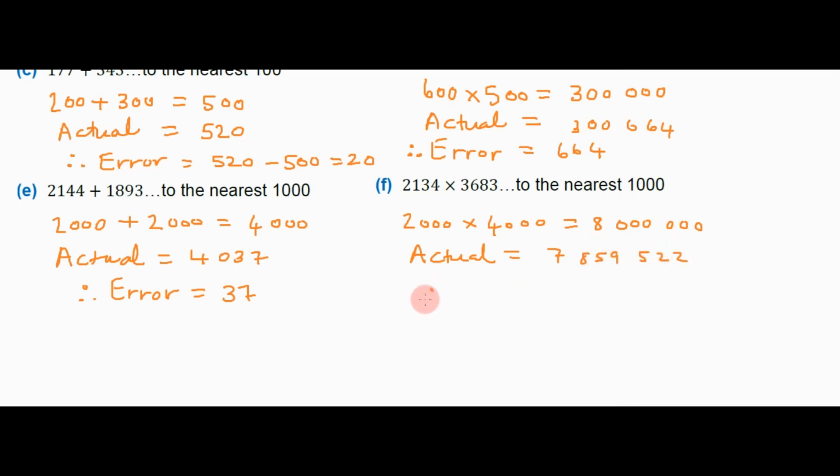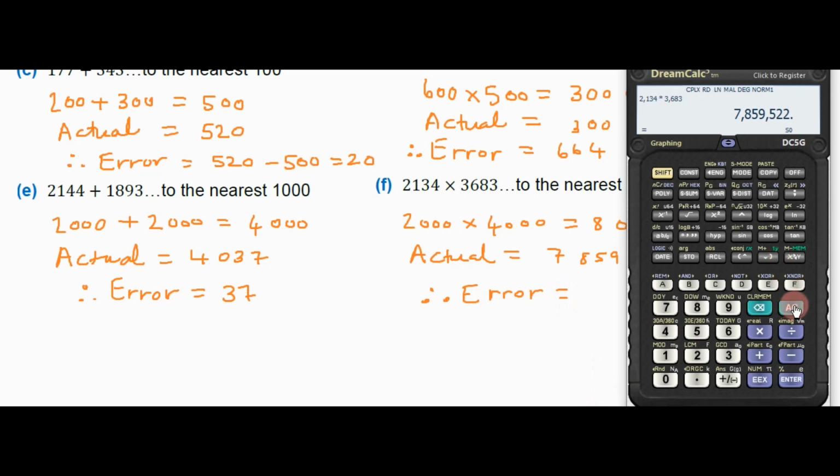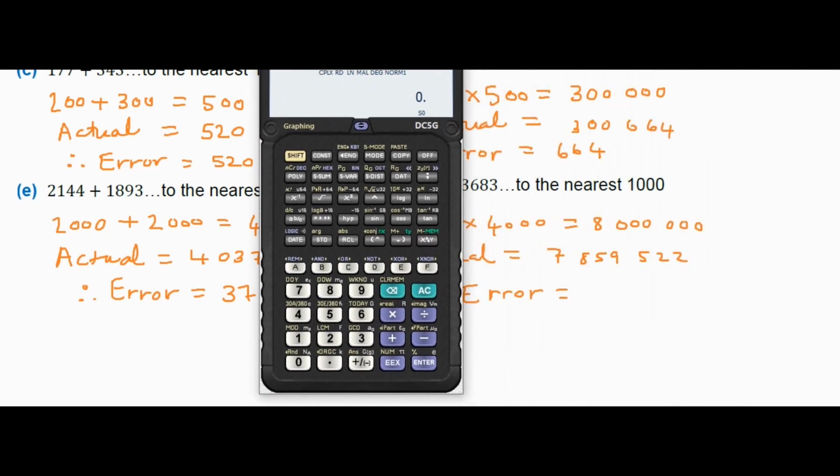Let's look at the error. So 8 million, and the error is 140,478.